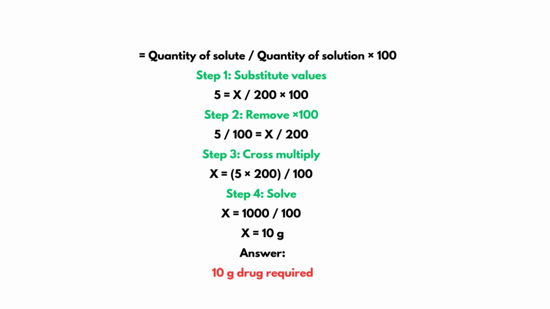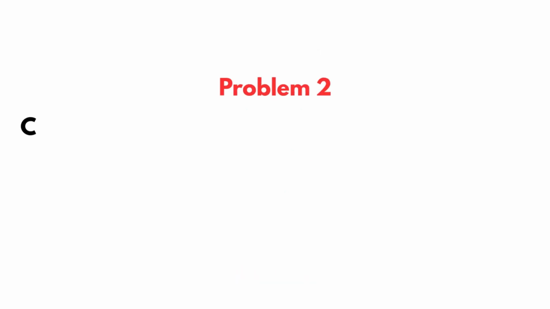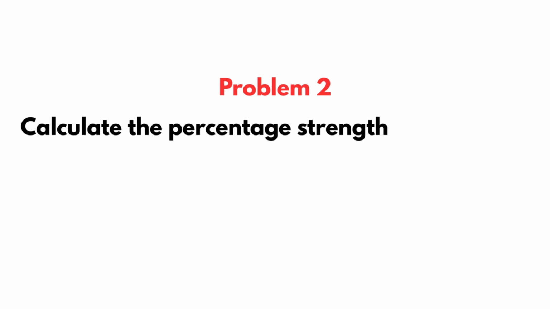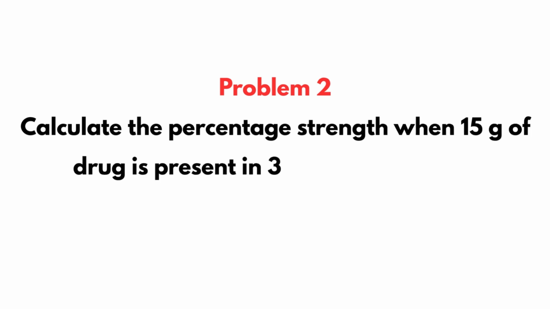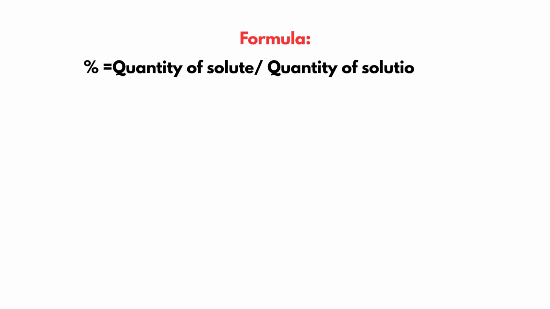So let's solve problem number 2. Calculate the percentage strength when 15 gram of drug is present in 300 gram of preparation. Now you need to calculate the percentage strength. First write the formula, that is percent is equal to quantity of solute by quantity of solution into 100. Step 1 will be substituting the values.